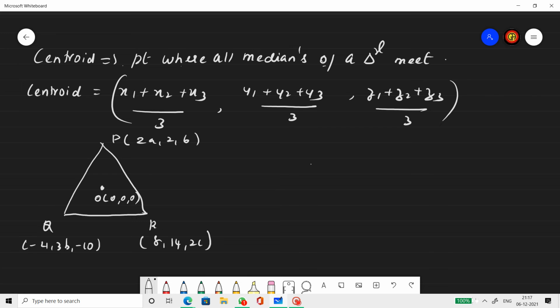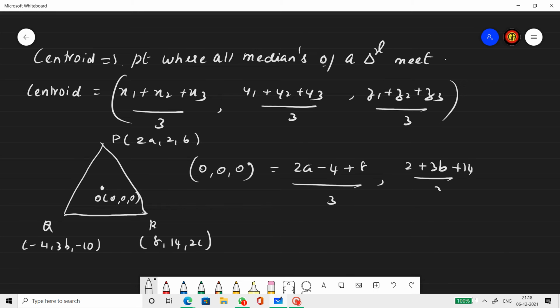So using the centroid formula, centroid being the origin, (0, 0, 0) equals ((2a minus 4 plus 8) by 3, (2 plus 3b plus 14) by 3, (6 minus 10 plus 2c) by 3).